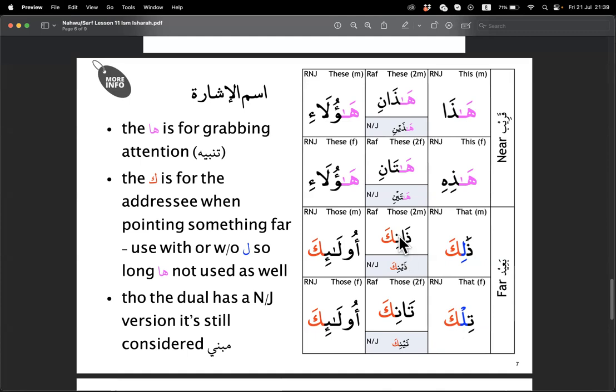In the duals we don't have it, in the plurals we don't have it. So sometimes outside the Quran, you also don't have the lam here. And although the dual has a nasab and jar version, it's also still considered mabni.